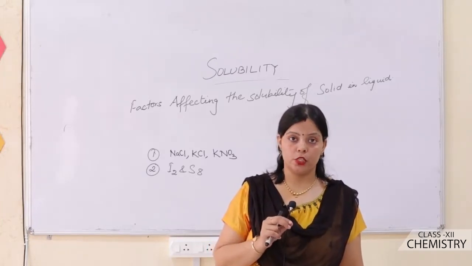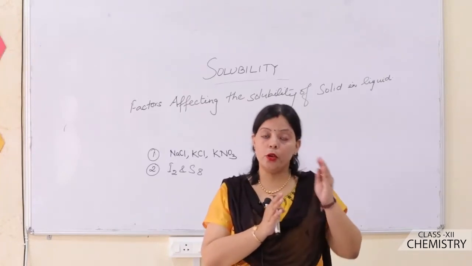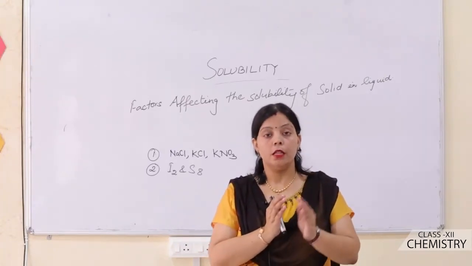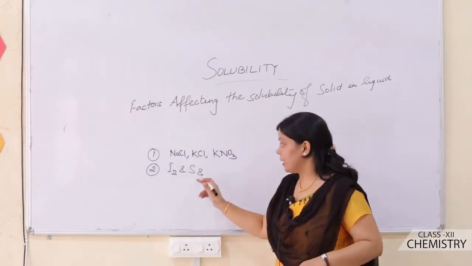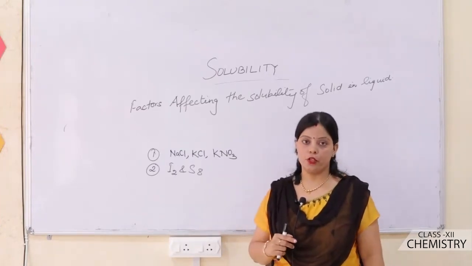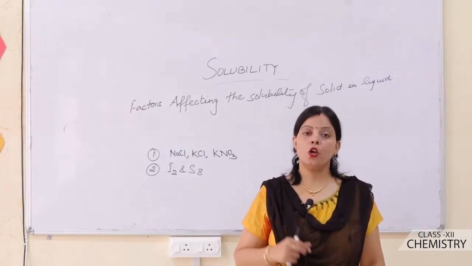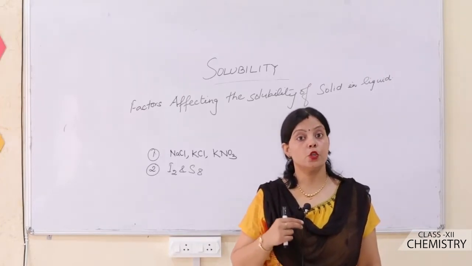These are the non-polar solvents. This is the meaning of like dissolves like. The polar is soluble in polar, and the polar is insoluble in non-polar solvents. The second is the non-polar solute like iodine, sulfur. These non-polar solutes are soluble in non-polar solvents only.